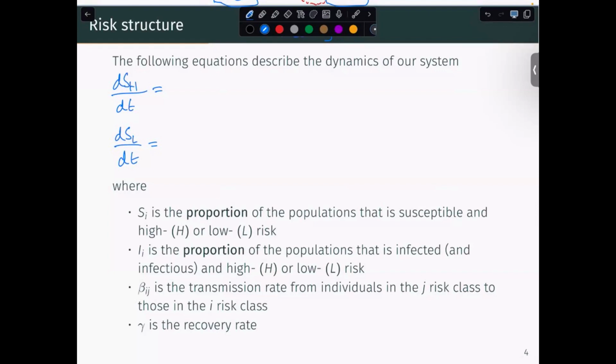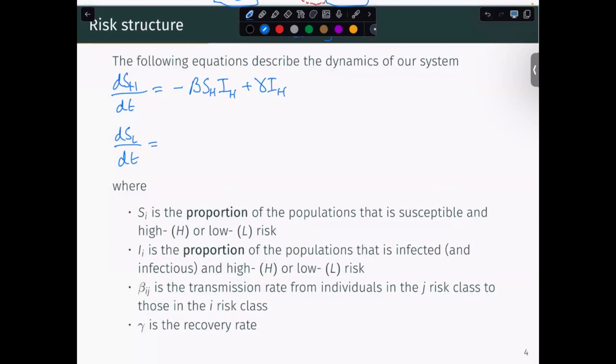So previously, with our very simple SIS model, don't write this down just yet, we had something like this, with IH. Okay, and this is just if infected high-risk individuals can infect the low-risk individuals.